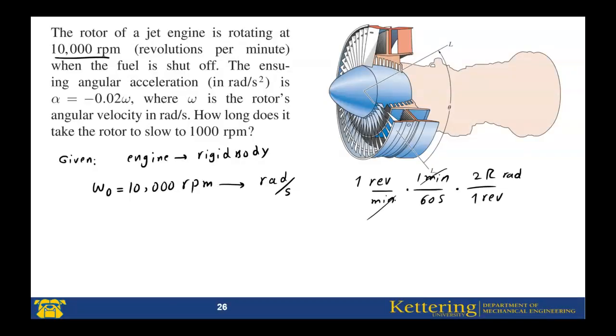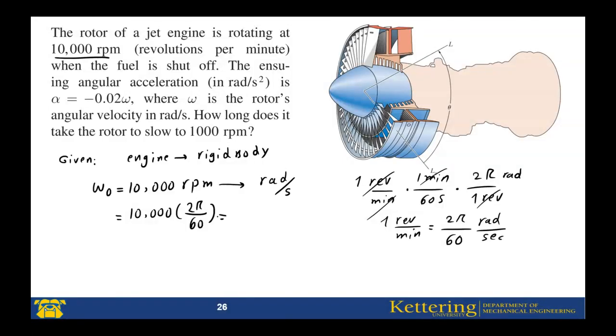Now, if you cancel this by this, by this, it means I have one revolution per minute, it is 2 pi over 60 radians per second. Now, this is equal to 10,000 multiplied by 2 pi over 60.